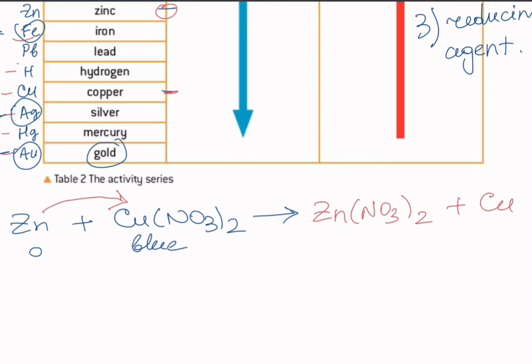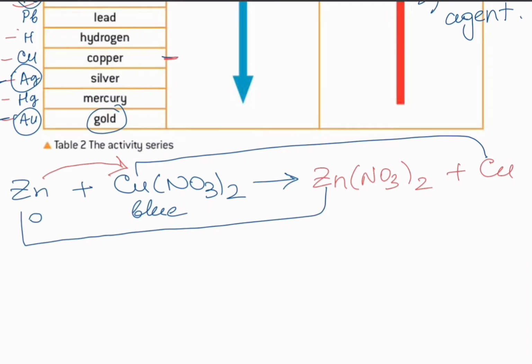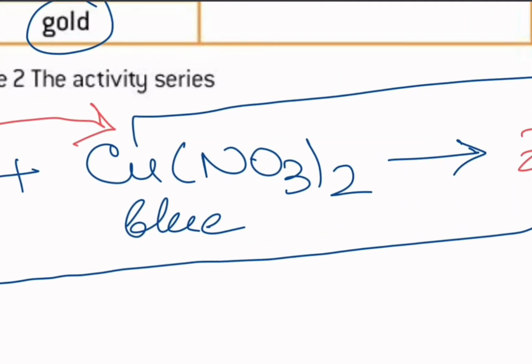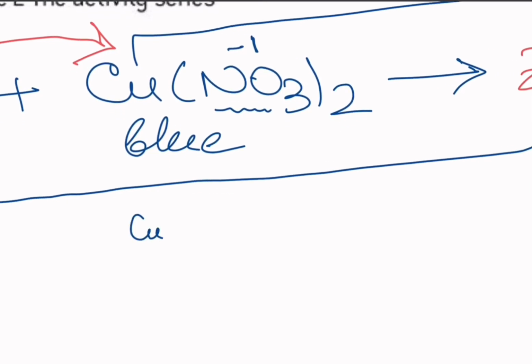So what happened over here? Let's observe. Zinc went from here to here, and copper went from here to here. If we observe, what's the charge of copper here? Because this is a nitrate ion, this nitrate ion holds a charge of -1, right? So if we write copper nitrate in here, this is -1 and this is x, right?